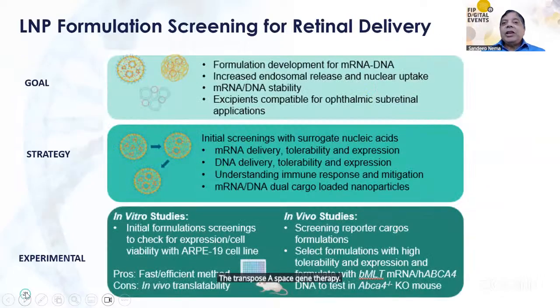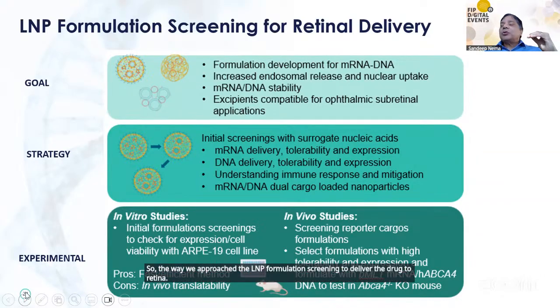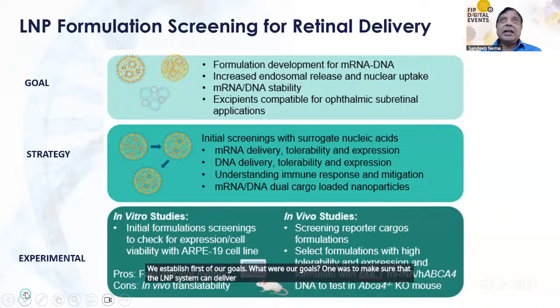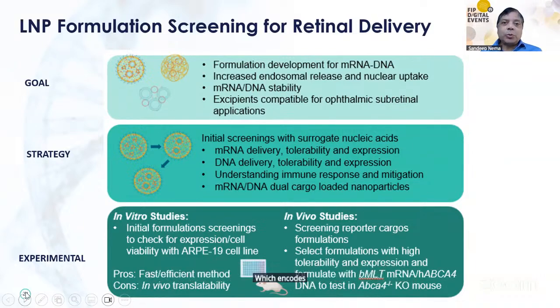So the way we approached the LNP formulation screening to deliver the drug to the retina, we first established our goals. One was to make sure that the LNP system can deliver mRNA, which encodes for the transposase, and DNA, which is the gene for the Stargardt disease. So both of these have to be co-encapsulated into the LNP. As Subru showed earlier, once the LNP is taken up by the cell, it goes into the endosome.